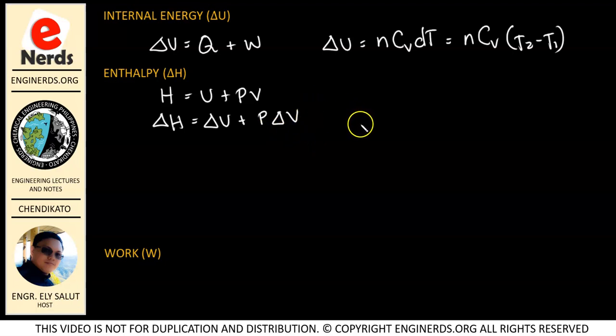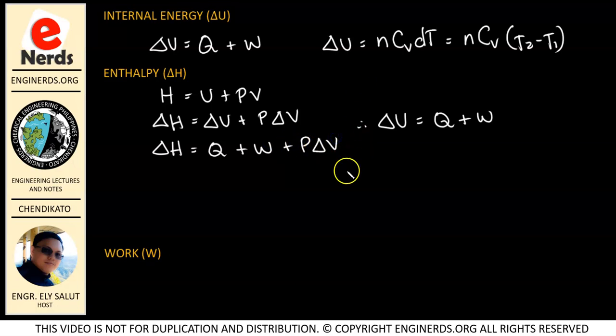Okay, now we learned in our first law of thermodynamics that delta U is equal to Q plus W, right? So therefore, we could substitute this equation in here. So we could replace this delta U by Q plus W. So we have delta H is equal to Q plus W plus P delta V, okay? And we also learned in a separate video about work that work is equal to negative P delta V. So we could replace this W here by using this.